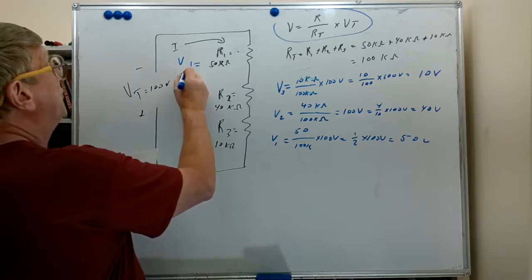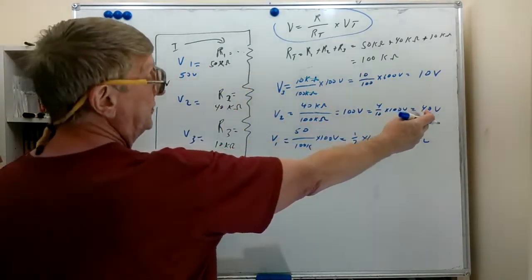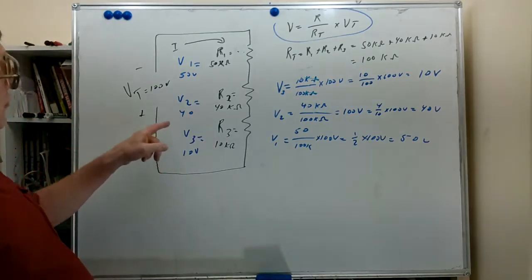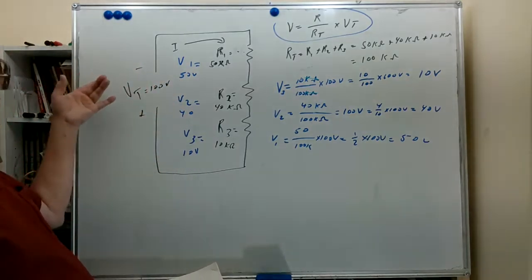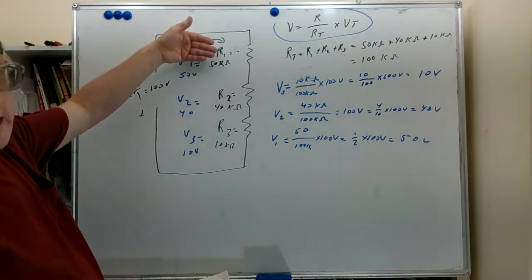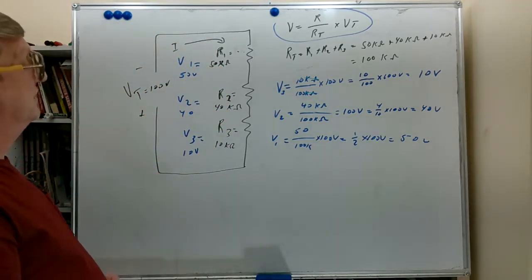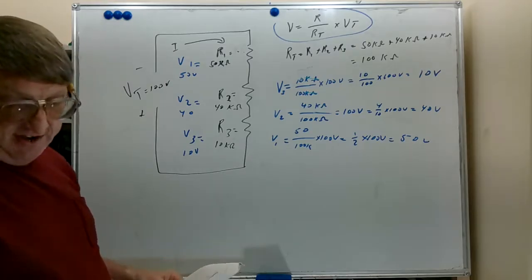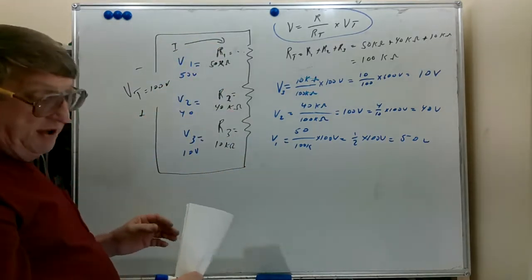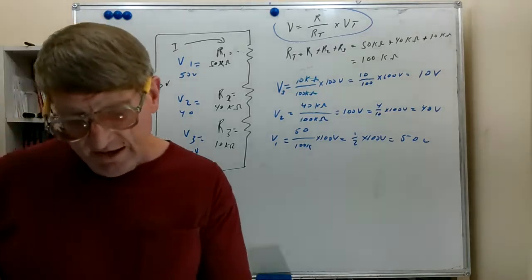Let's put that in there too. For V2 we had 40 volts, and notice 10 plus 40 is 50, plus 50 is 100. So V total is again equal to the sum of the voltages, and we were able to solve that particular circuit without calculating the current at any point.